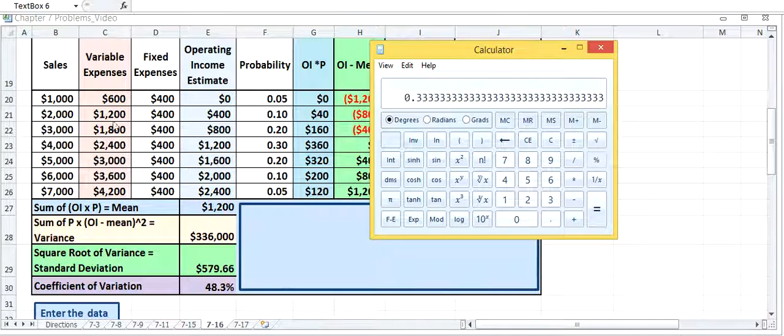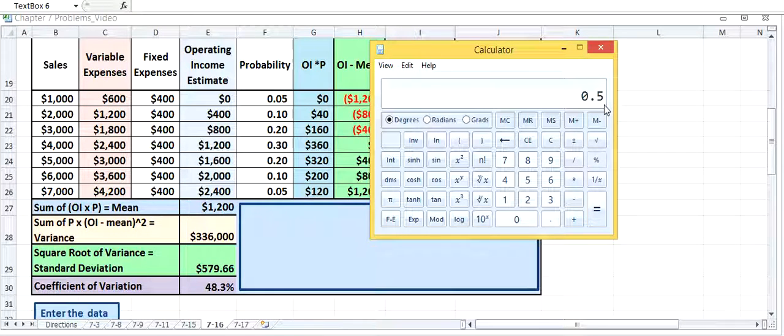Now, if we go from 800 to 1,200, the change is 400, divided by where we started, which is 800. 400 divided by 800 gives us a much higher percentage change, 50%.